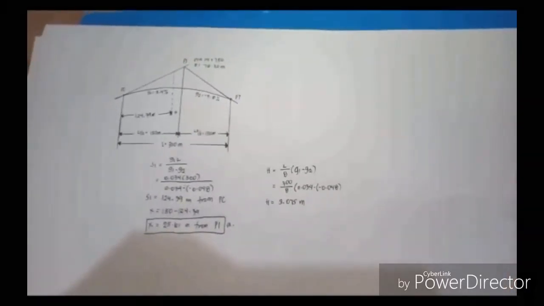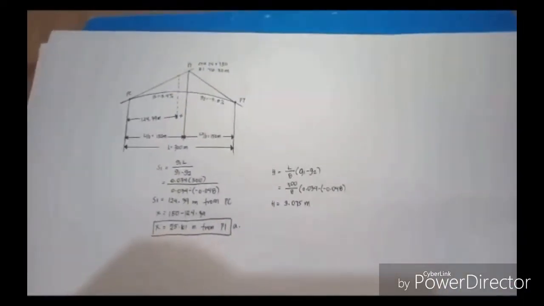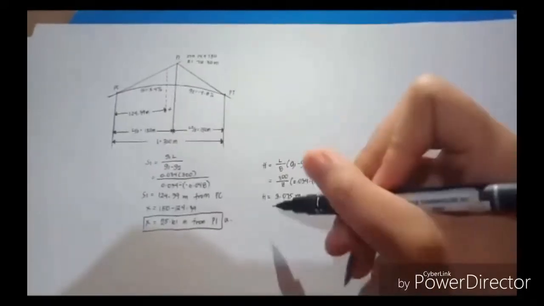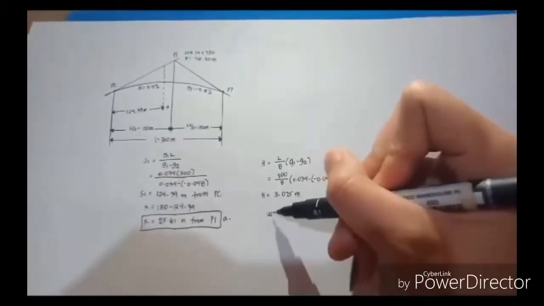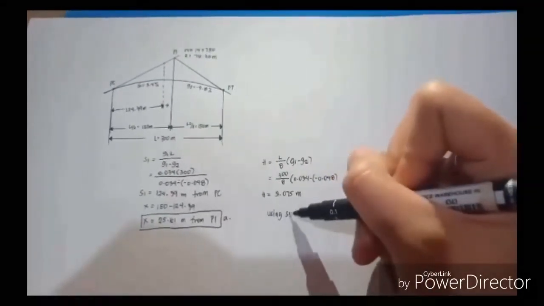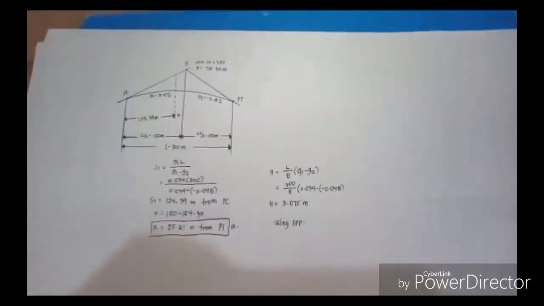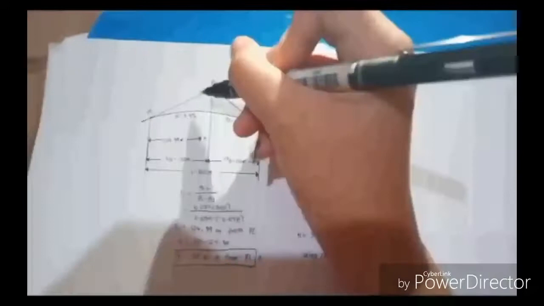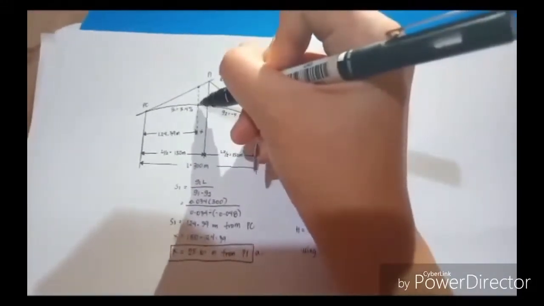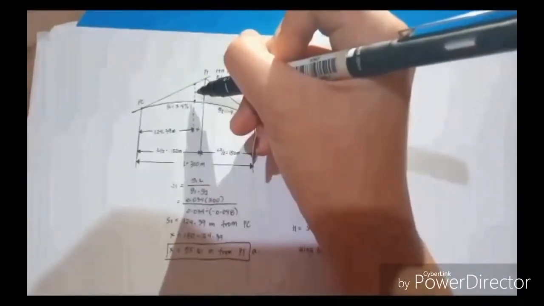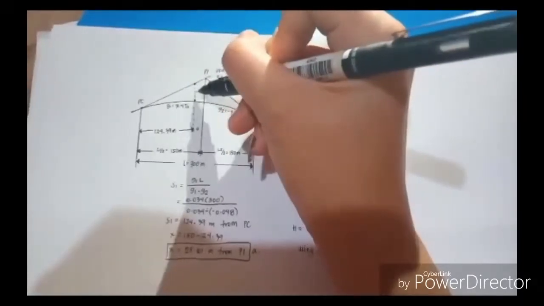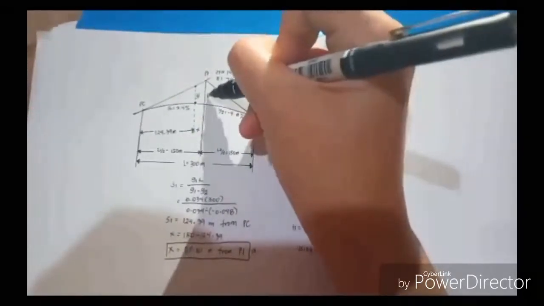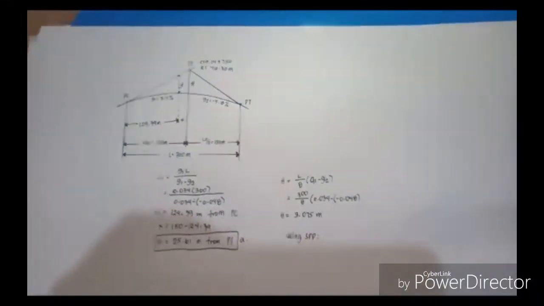Then, using SPP, or the squared property of parabola, kukunin natin yung value ng y. So, probably this is ito yung y, tas h yang dito yung maximum offset.